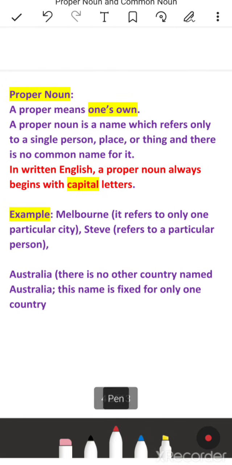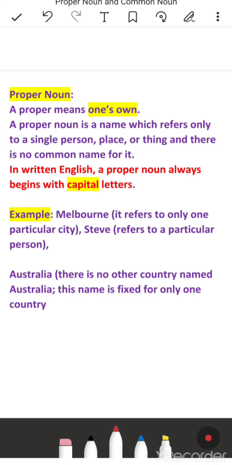So here we have written proper noun. Proper means, as I told you, one's own. So a proper noun is a name which refers only to a single person, that cannot be shared by all. A proper name cannot be shared by all. It is somebody's own name.